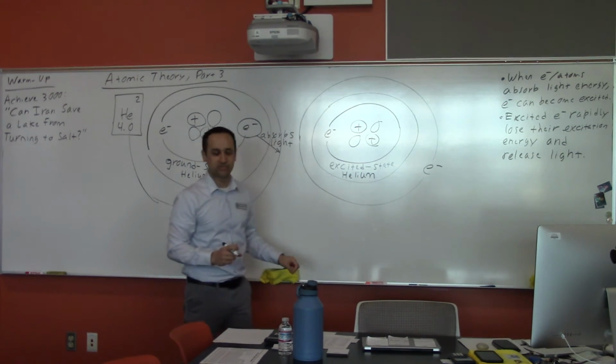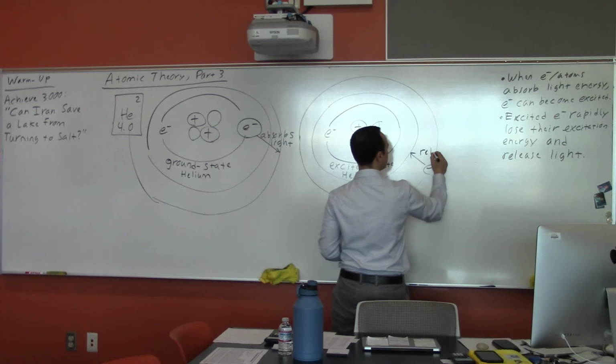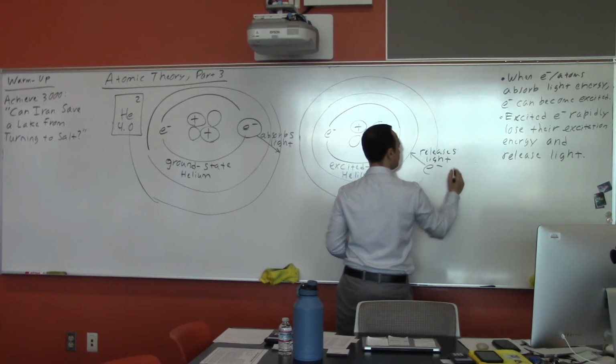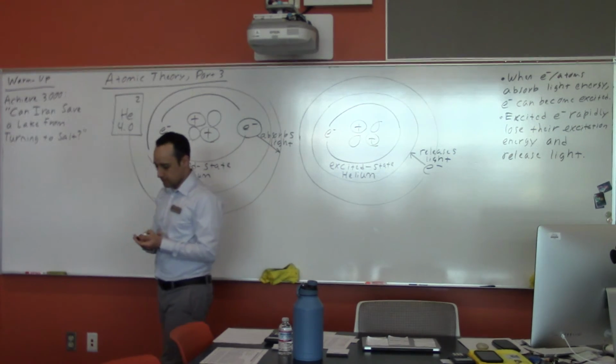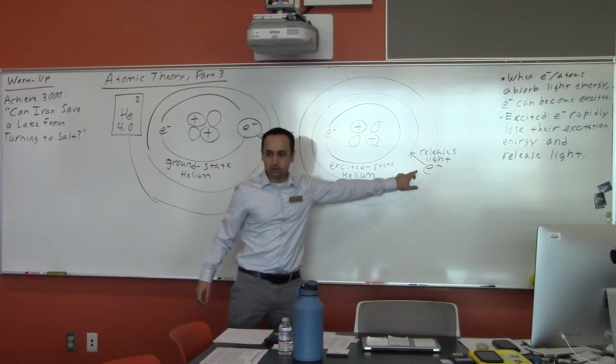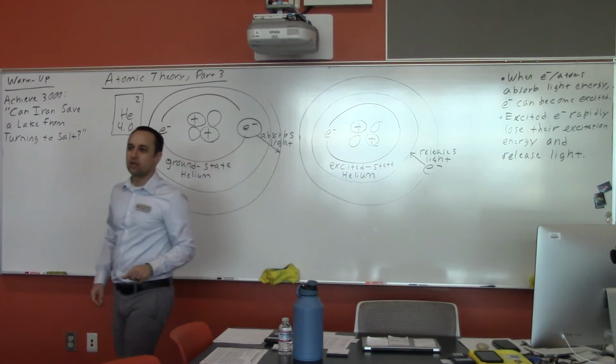Okay? And this guy can lose energy and release light. Okay? So this process here, when this electron falls down in energy level, releases light.